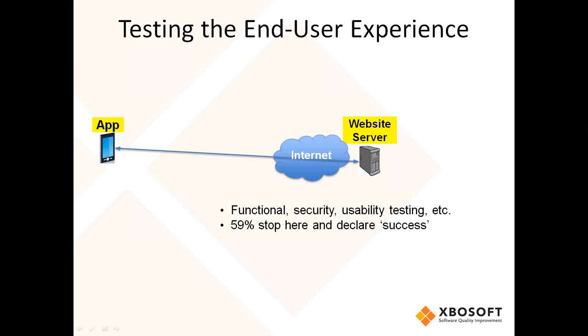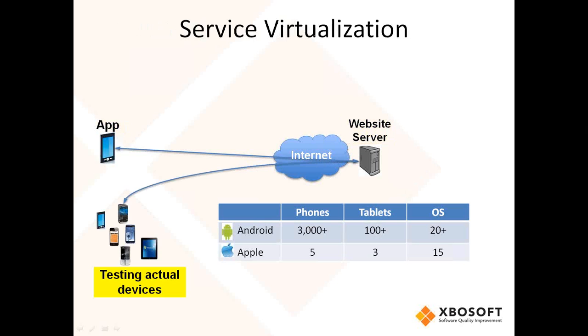And 59% stop here and declare successful testing. But is that the end user experience? Well, first of all, they can have many, many different devices. Android has 3,000 plus different phones and combinations and variations and derivatives.